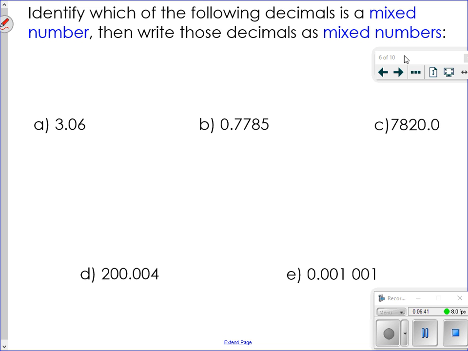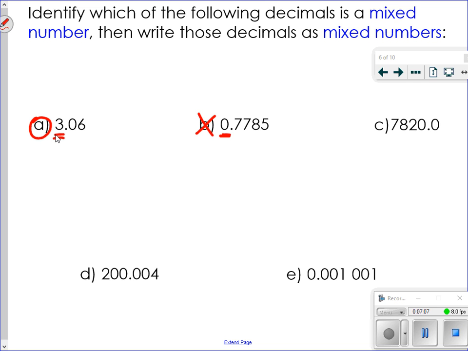Okay, well, would A have any whole parts? Right. Any digit in the ones place tells you how many wholes you have. So yes, A would. Does B? No. This decimal is less than 1 because there's no wholes. 0 in the ones place. What about 7,820 decimal 0?